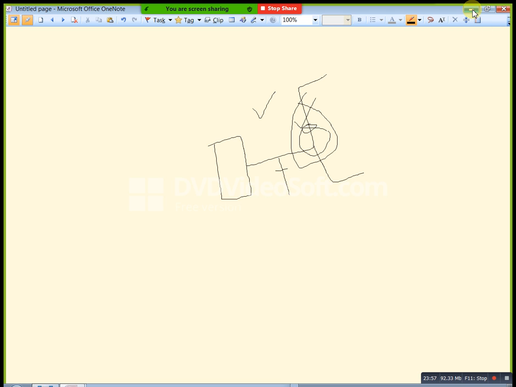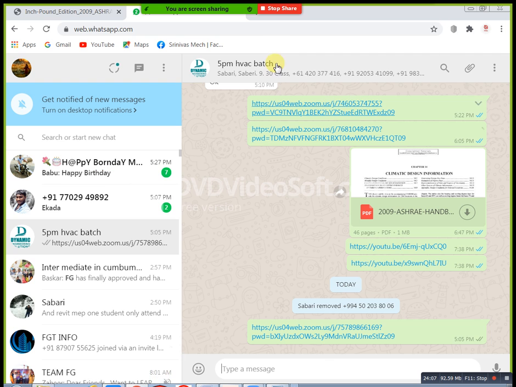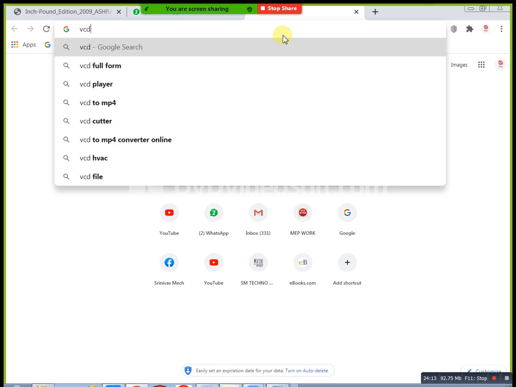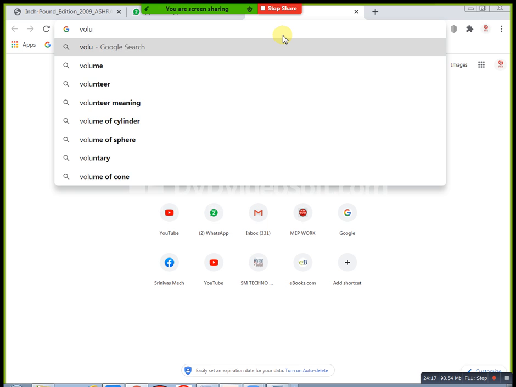Volume control dampers. Okay, based on shape we have these. We have squares and rounds, both are there.